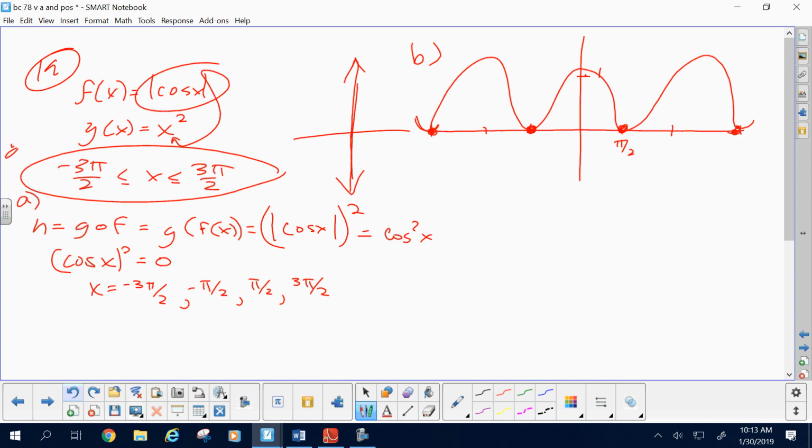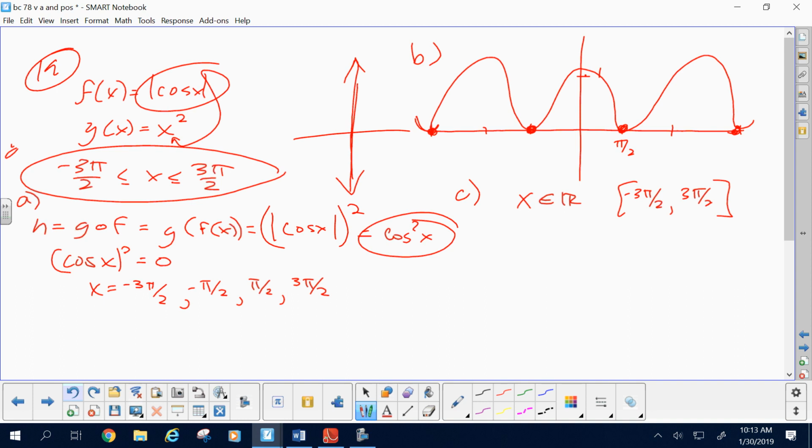All right, so the domain and range of h. That's part C. The domain, is there any reason you couldn't put any x into that? Like a 0 in the denominator, or a negative in a root, or a log of a negative? None of that's true, so x is all reals. Or, I guess, negative 3 pi over 2 to 3 pi over 2 if they restrict.